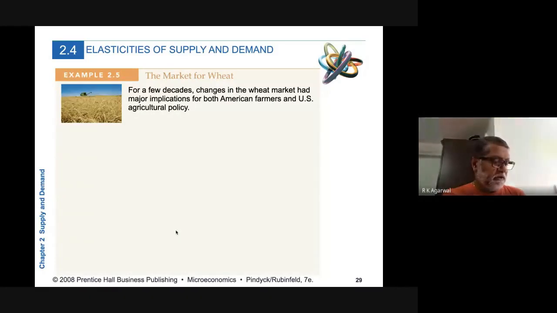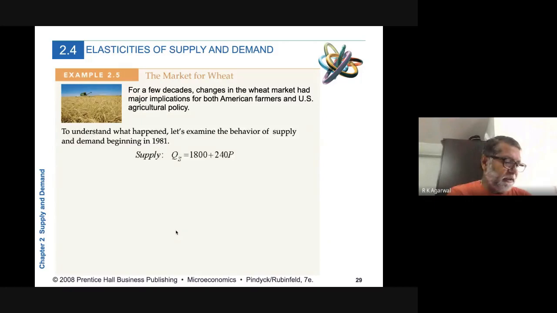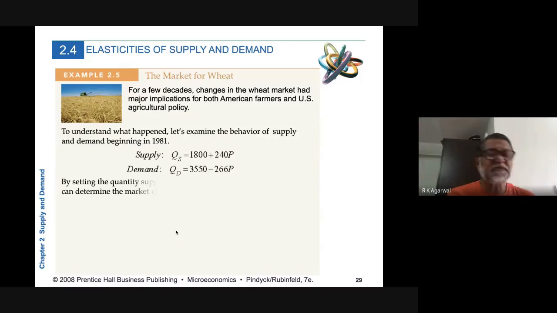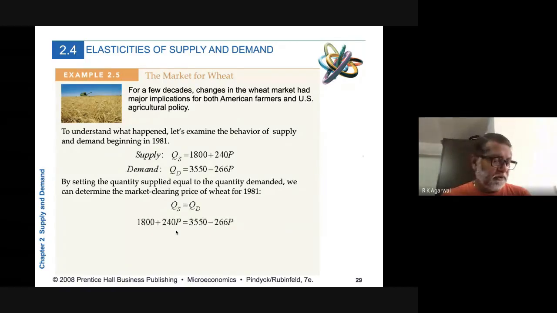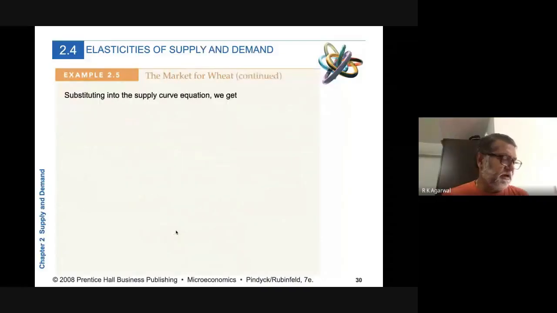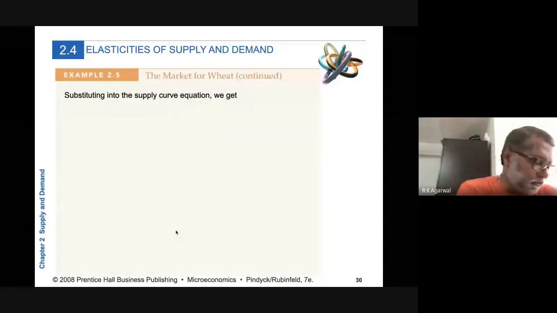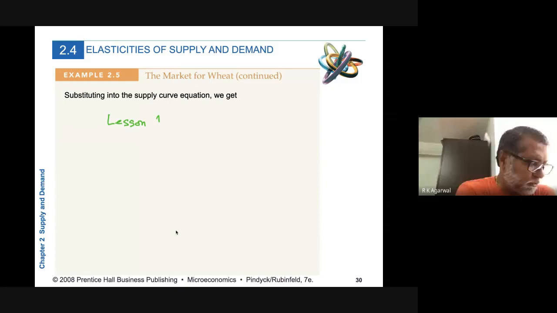Okay, so there we are. Before I do this exercise or this explanation, let me quickly tell you that this is what I intend to do. The first lesson that we wish to proceed with is how to measure point elasticity of demand.